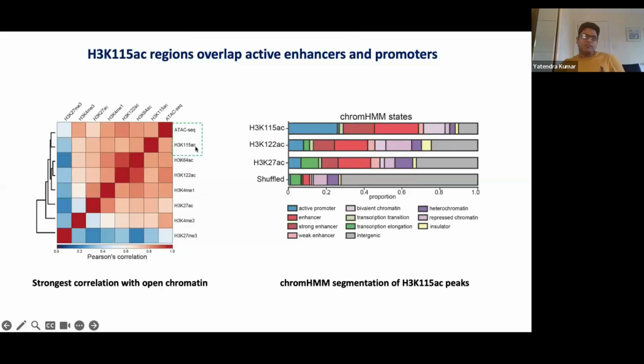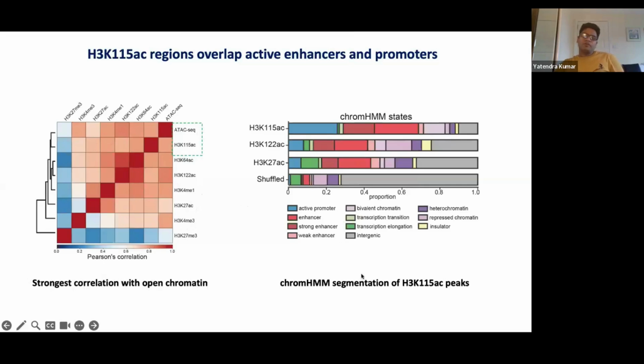As you can see, K115 acetyl regions cluster together with ATAC-seq compared to any other tail domain modification, including the K27 acetyl mark. In this sense, K115 acetyl, as expected, shows the strongest correlation with open chromatin.